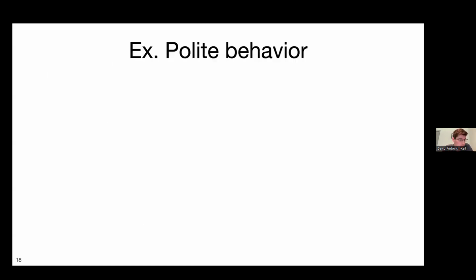Here's another example just to show why these are so different. Think about driving again. If you want to be polite as a driver, a natural way to encode that is to make yourself care about other people's effort. So if you're trying to make a lane change, you should prefer to do so in a way that doesn't make the guy next to you have to slam on the brakes, for example.